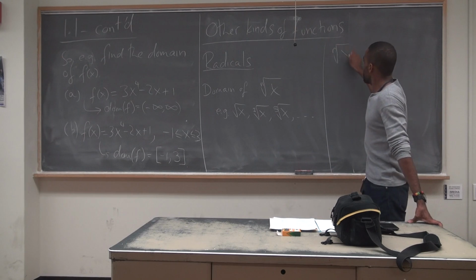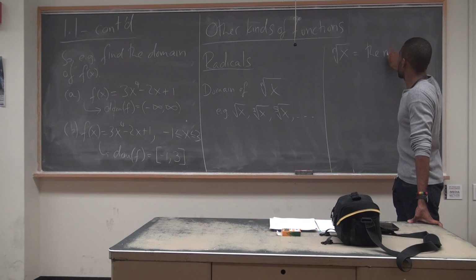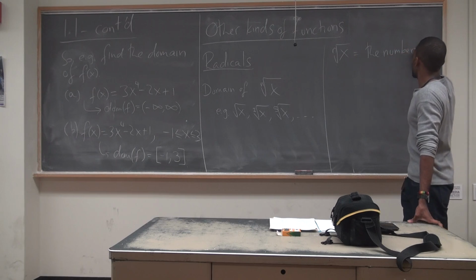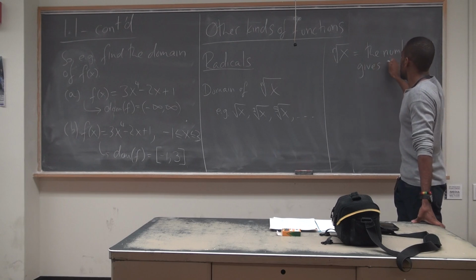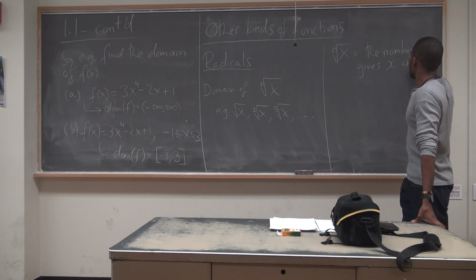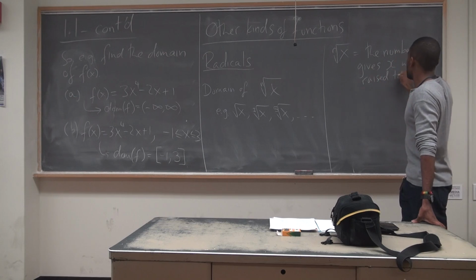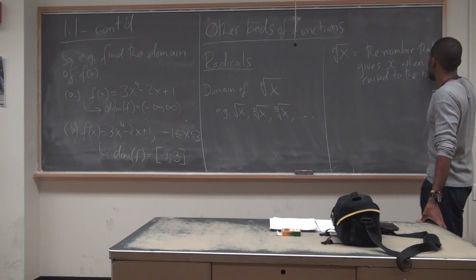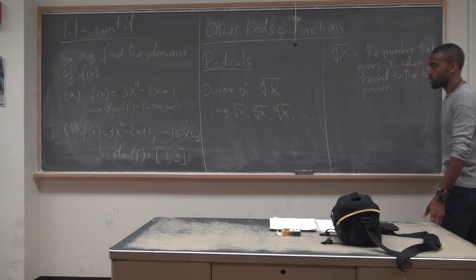The nth root of x is basically the number that gives x when raised to the nth power. So it's kind of like doing the inverse operation of raising to a power.